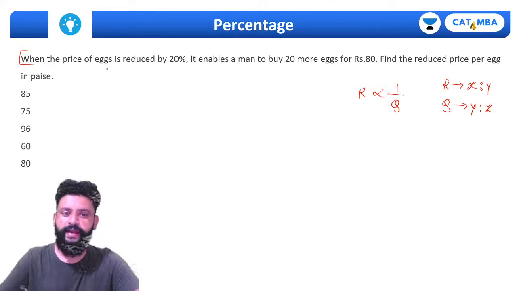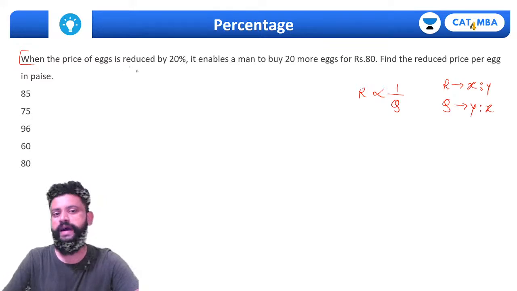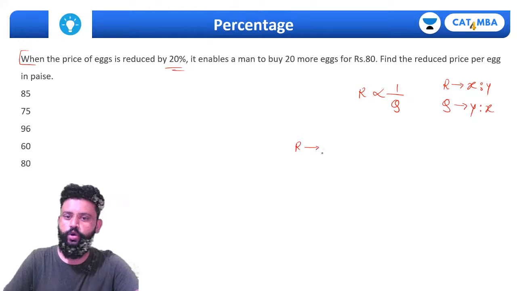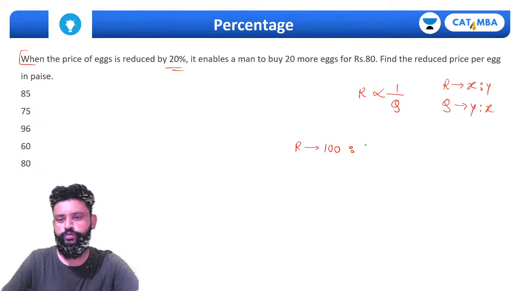Okay, so when the price of egg is reduced by 20%, that means if the original rate is 100, the new rate is reduced by 20%, that is 80.